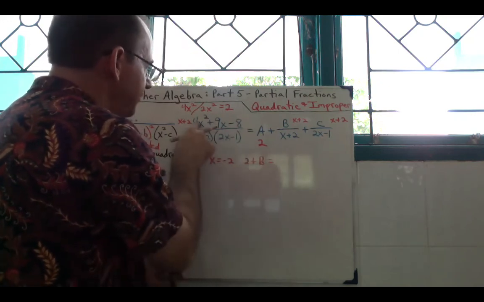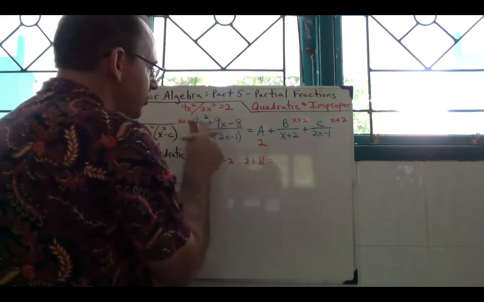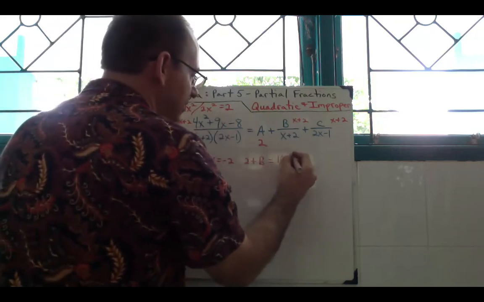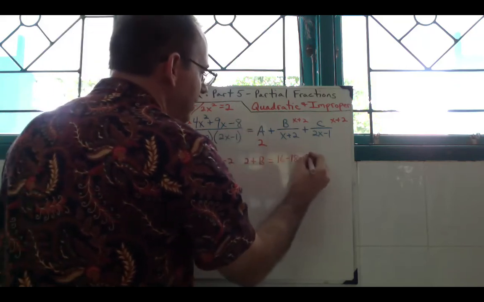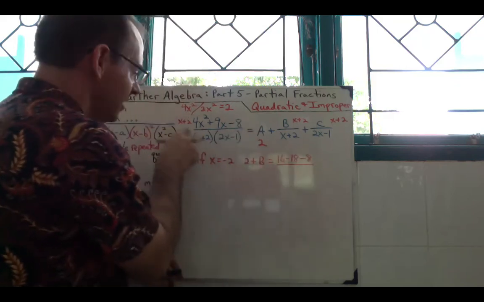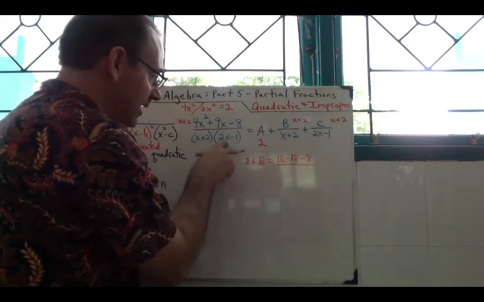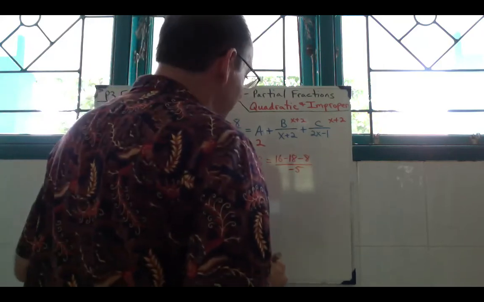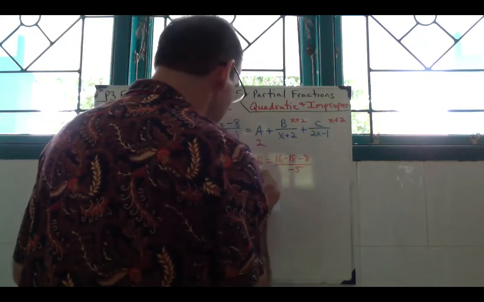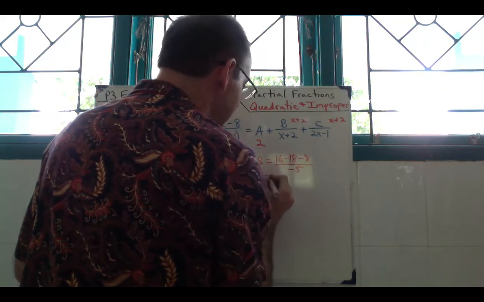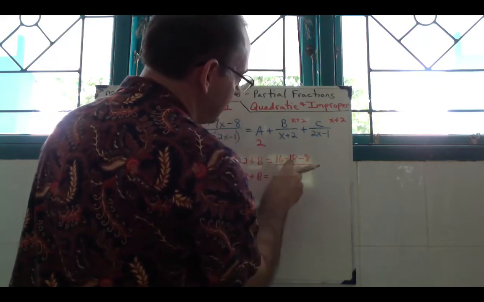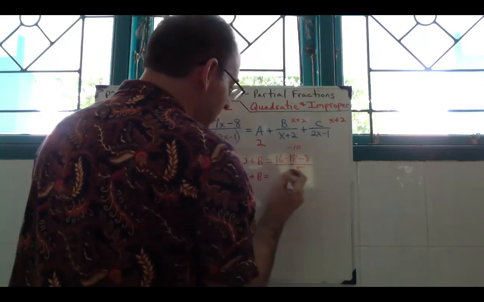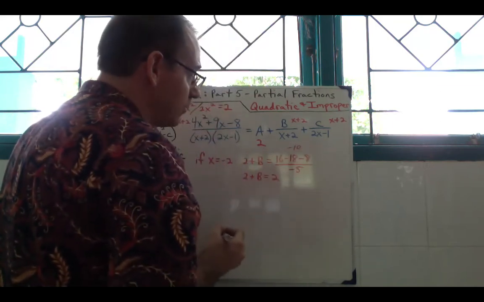Plug in a negative 2, becomes positive 4 times 4 is 16. Negative 2 times 9 is negative 18. Minus 8 equals, this is gone, so you have a negative 4 minus 1 is negative 5. So that gives us 2 plus b equals negative 2 minus 8, a negative 10, over negative 5 is 2. Oh, what do you know?